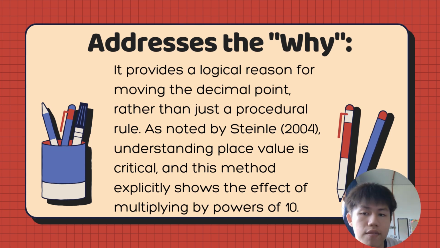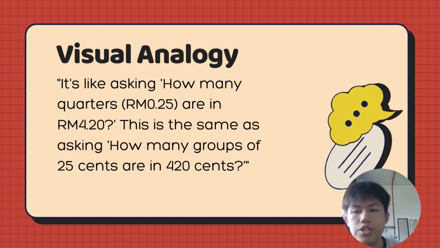So let's take a look. It provides a logical reason for moving the decimal point rather than just procedural rules, as noted by Sinai from 2004. Understanding place value is critical, and this method explicitly shows the effect of multiplying by powers of 10.